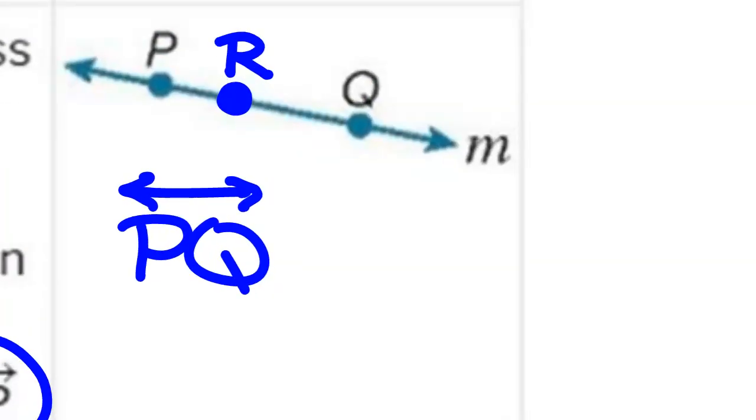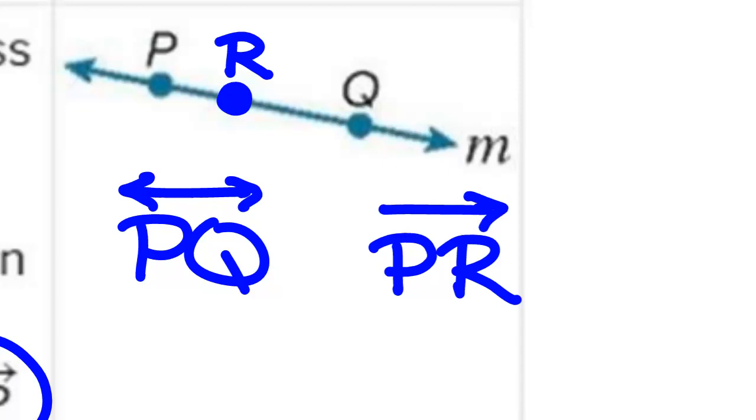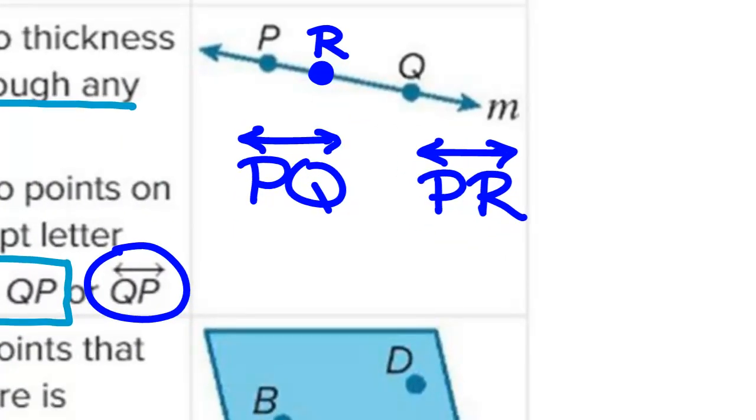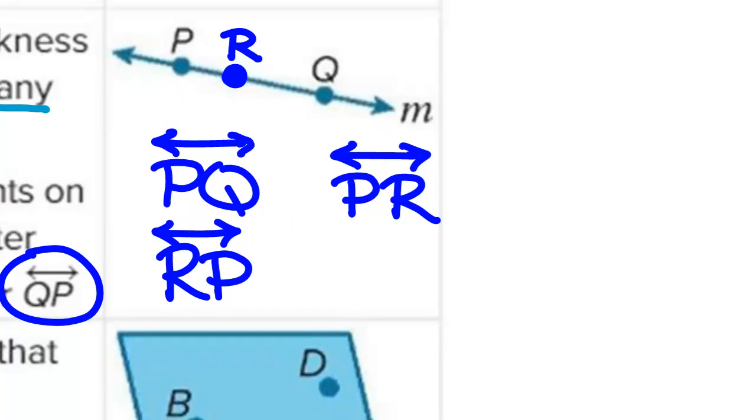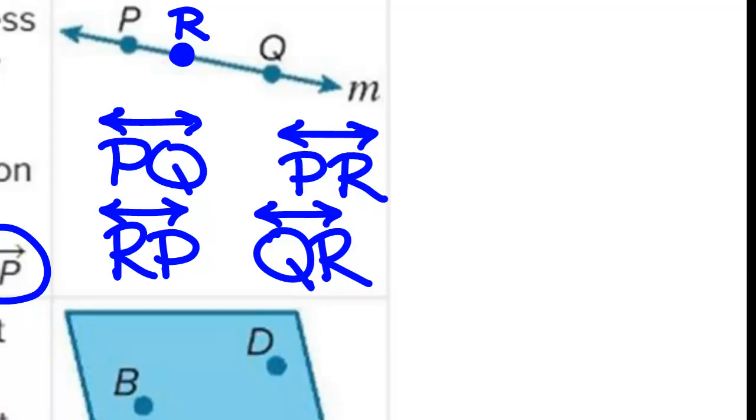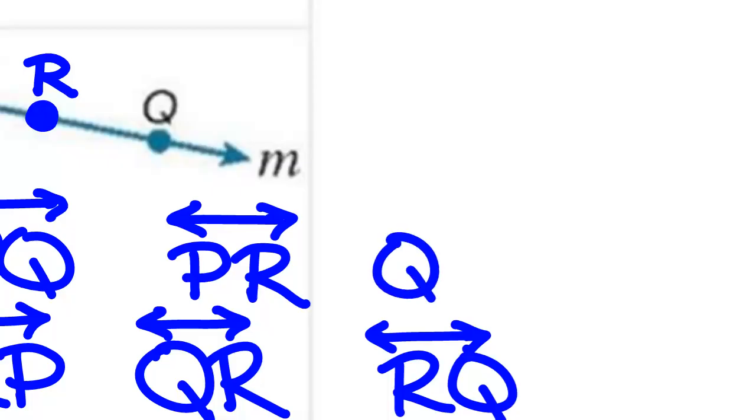So I could call this line PR, or I could still call it line PQ, or I can call it line RP, or I could call this line QR, or RQ, or QP.